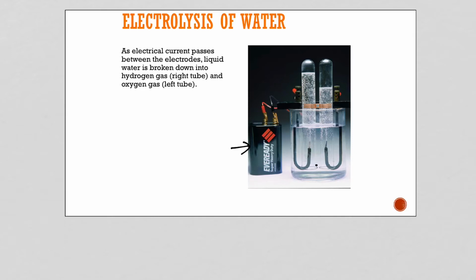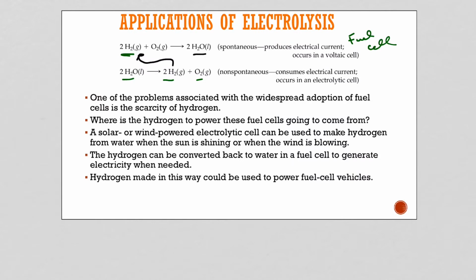Right? And so, if we look back at that reaction, we have +1, -2, and so hydrogen is going from +1 to 0. Oxygen is going from -2 to 0, right? So what's happening at each one?